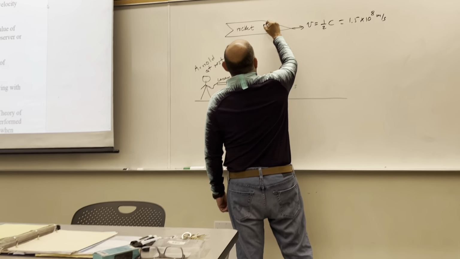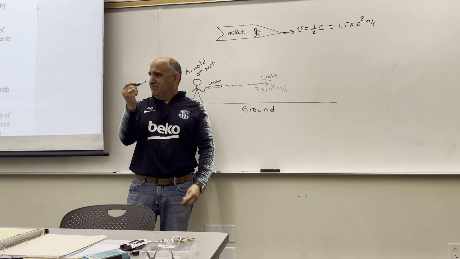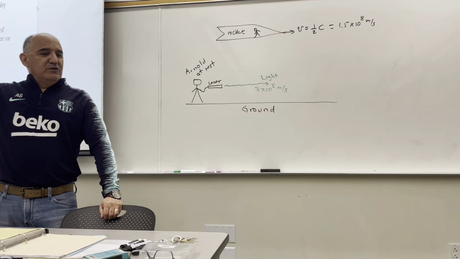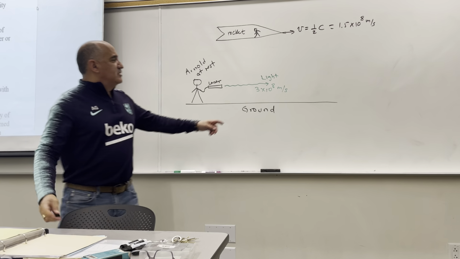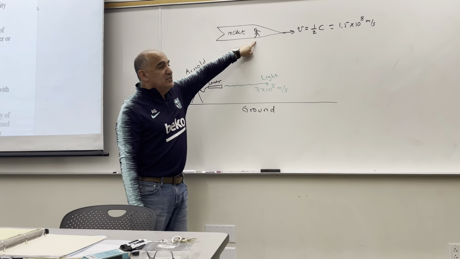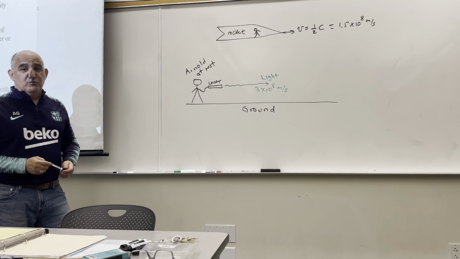And someone in here measures the speed of this light that I emitted using this laser pointer. So what is the speed of this light that this person measures? They measure exactly the same thing: 3 times 10 to the 8.